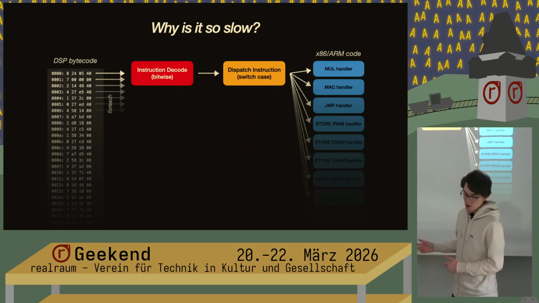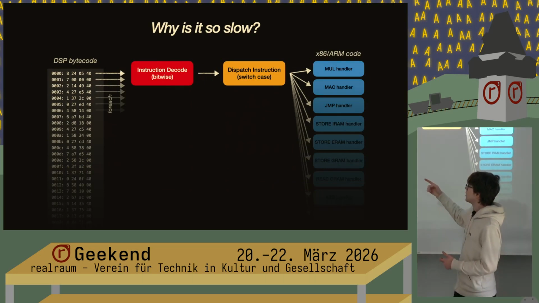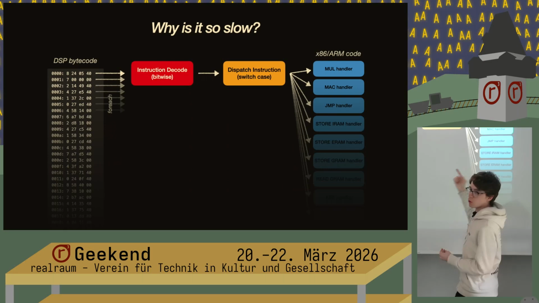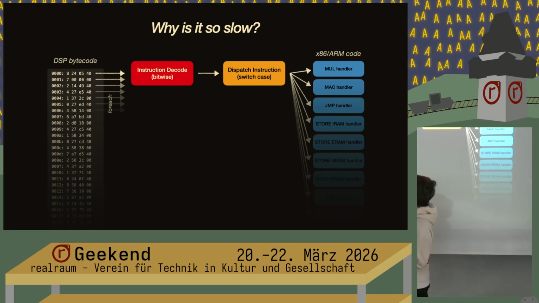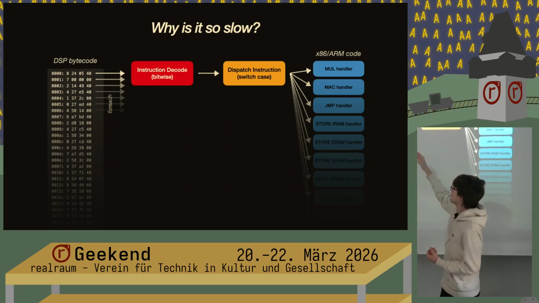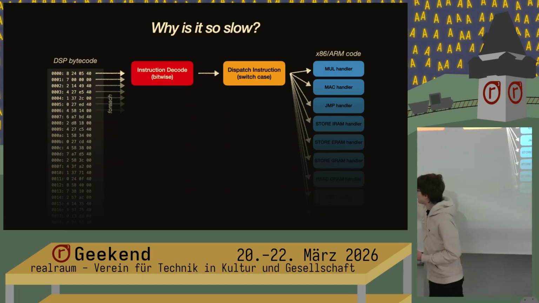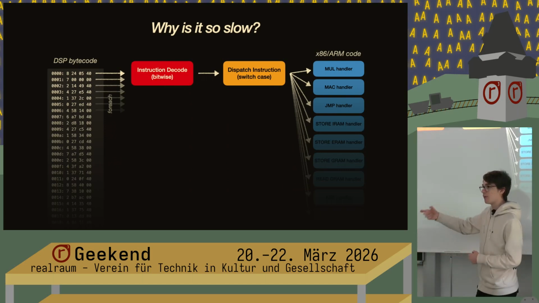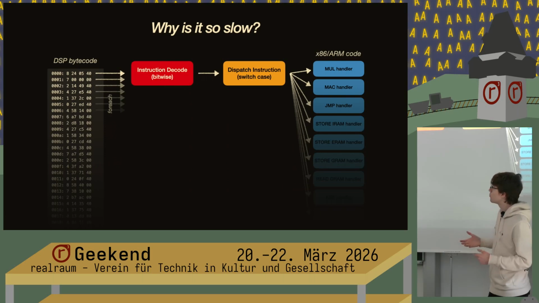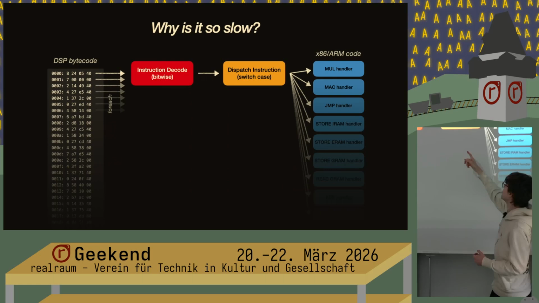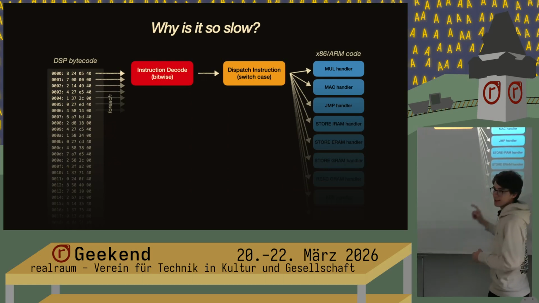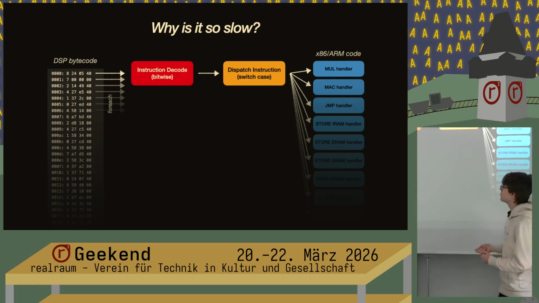Why is it so slow? Well, the idea is that if we just run a naive interpreter, what we need to do is get each command in the DSP bytecode, decode it, so get from all of those bytes what the different parts of the instruction are using bitwise operations, then pass the type of the instruction into a gigantic switch case that, depending on which kind of instruction it is, runs different handlers.